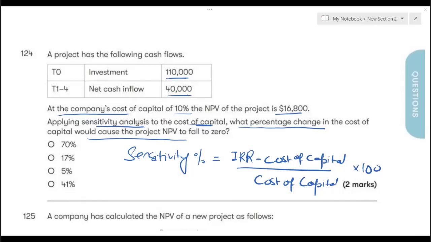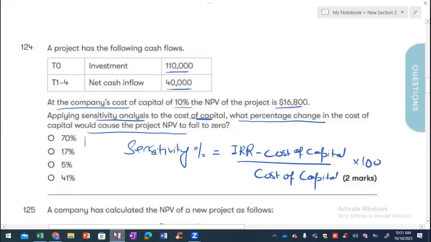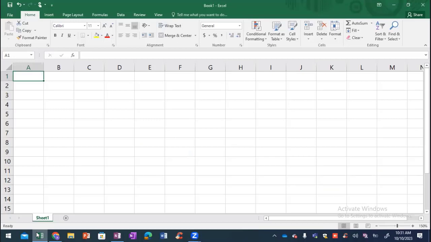Initial investment is 1,10,000 and the cash flow is 40,000 each year. The time period is 4 years: 0, 1, 2, 3, and 4.